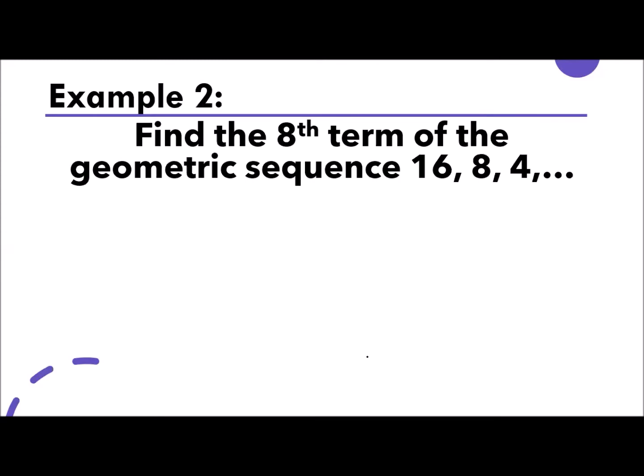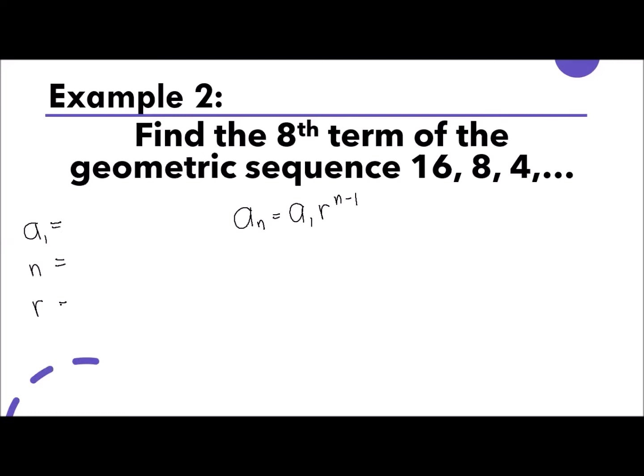Find the eighth term of the geometric sequence 16, 8, 4, and so on. So find the eighth term. So let's write first the formula. We have a sub n is equal to a sub 1 times r raised to n minus 1. So we need to get a sub 1, the value of n, and the value of r.